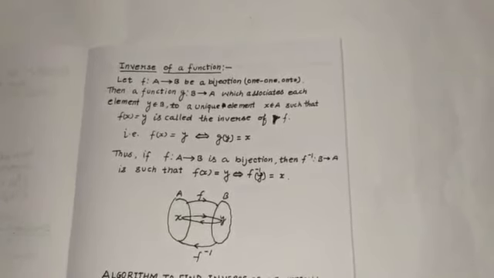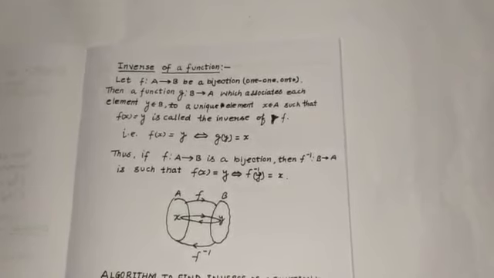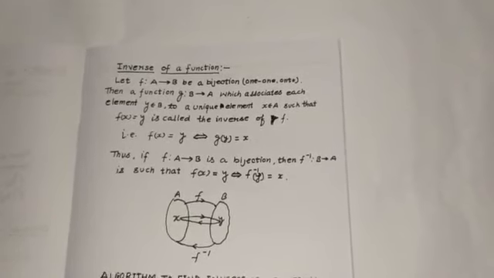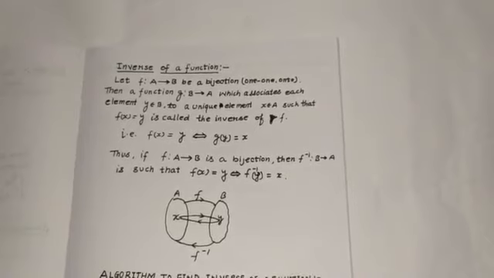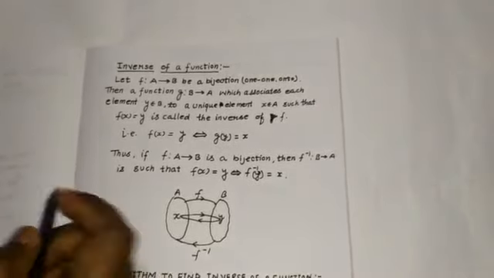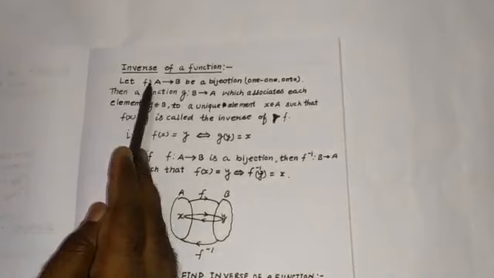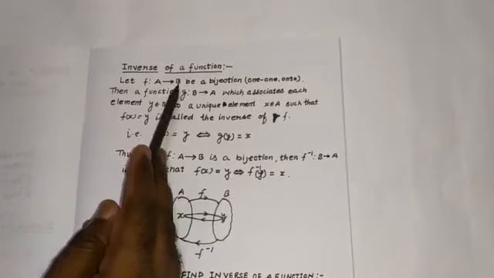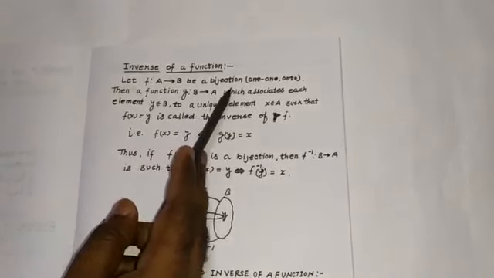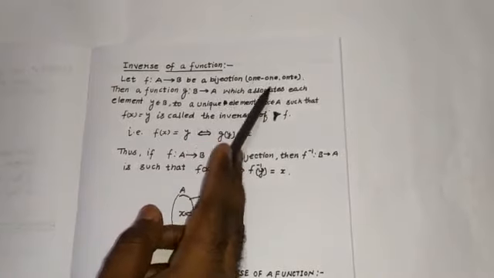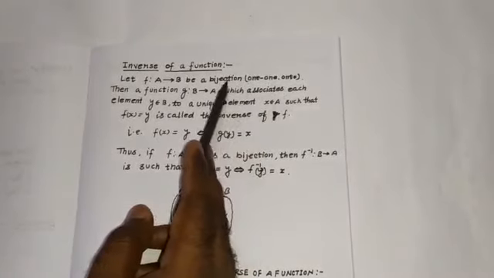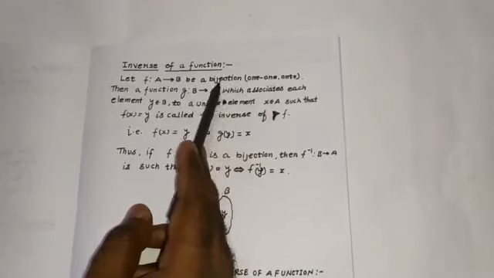Now students, after the inverse of an element, our next topic is the inverse of a function. The definition of the inverse of a function is: let f from A to B be a bijection. Bijection means that if a function is one-one and onto, then the function is said to be one-one onto or bijection.